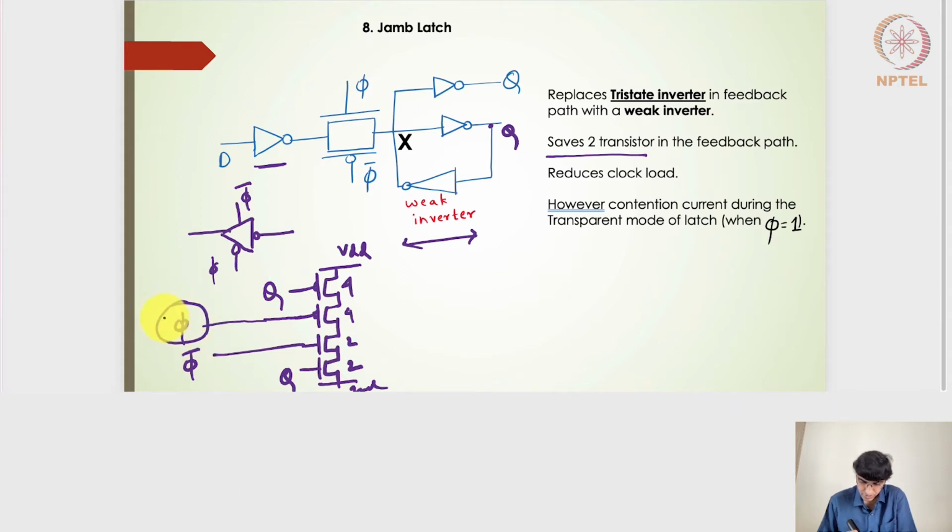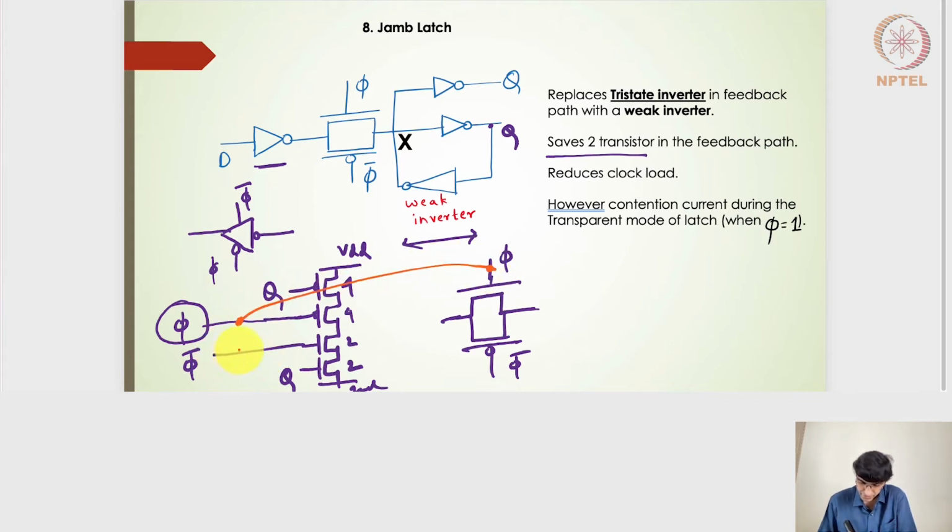This clock is also driving this particular transmission gate, right? So if I draw the transmission gate here, somewhere here, I will have the phi-bar here, I will have the phi here, right? What it means is these 2 connections, this point and this point, are actually connected, right?